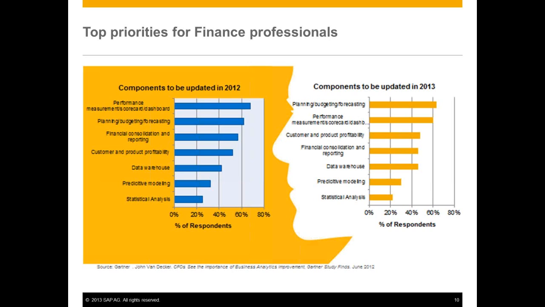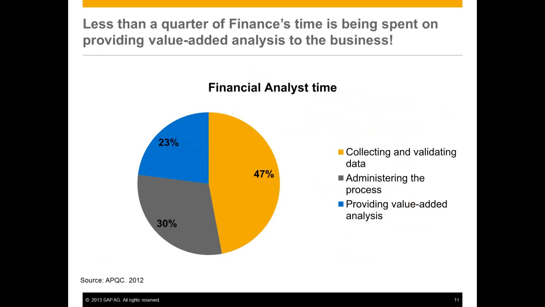You'll notice as we drift down towards the end there, greater than 20% also see the need to do things like predictive modeling and statistical analysis, which we'll get into with a bit more detail in just a moment.